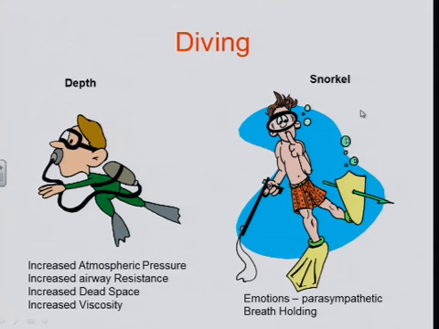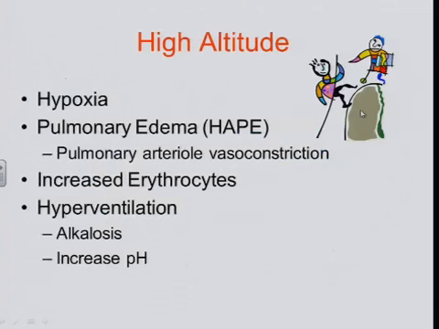We talked about all of those aspects, as well as high altitude. Remember, barometric pressure is lower, therefore the partial pressures of the gases are lower. Hypoxia and pulmonary edema, this is high altitude pulmonary edema, cause pulmonary arterial vasoconstriction.